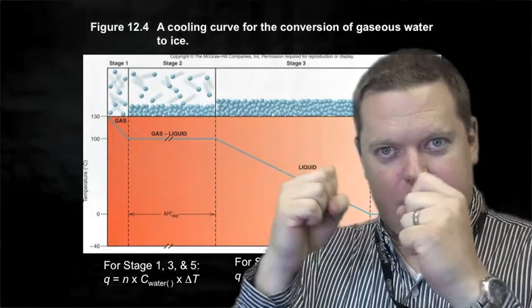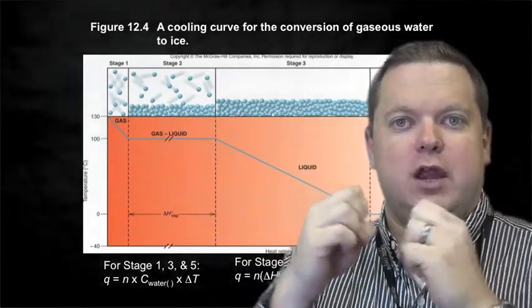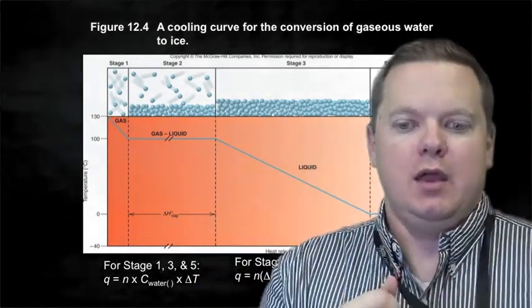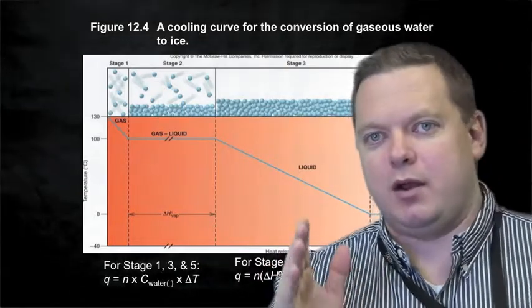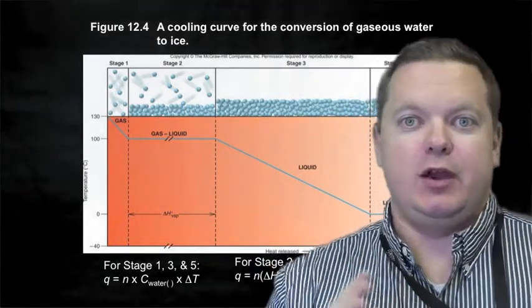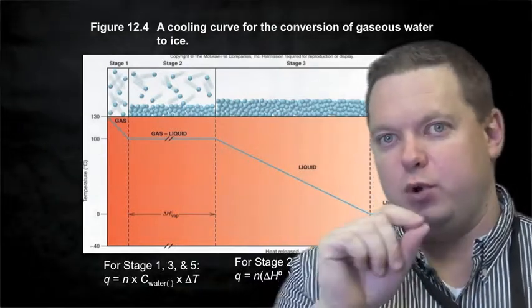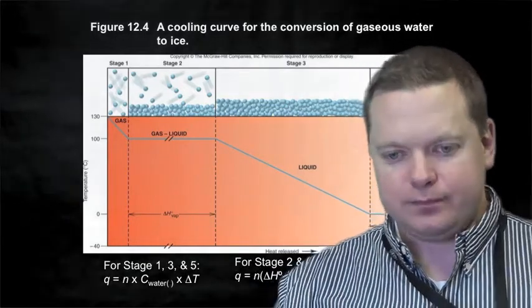As they get allowed to come closer, these intermolecular forces are going to begin to take effect, until we get to the boiling point, the temperature where there's enough energy to cause the liquid to turn to a gas, or the condensation point where the gas is going to become a liquid.